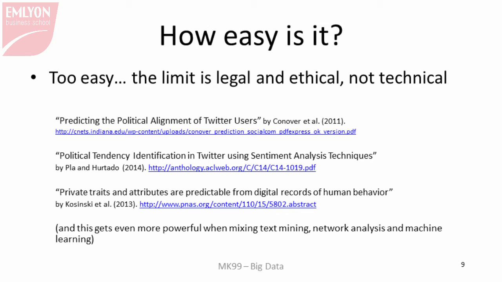So if you do text mining on what people tweet, you can have an idea about their political opinions. If you look at what people write and like and display as their preferences on Facebook, you can have a very clear view on their psychological attributes and psychological profiles and maybe political preferences.